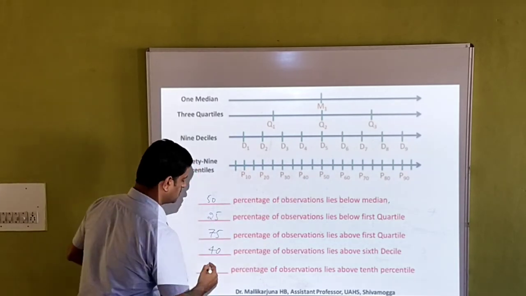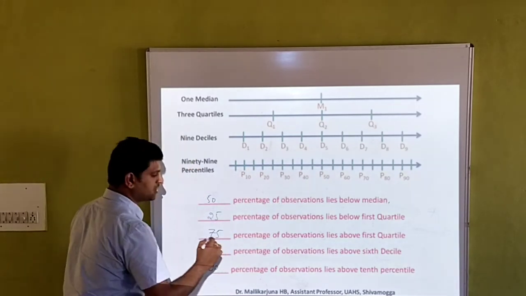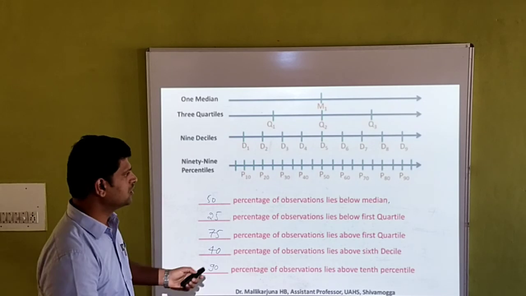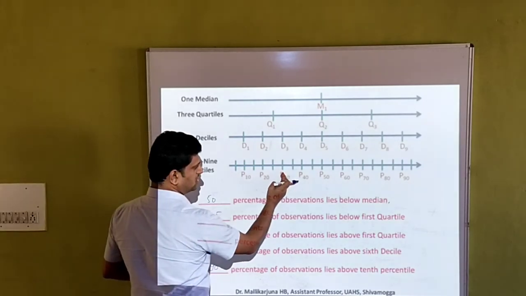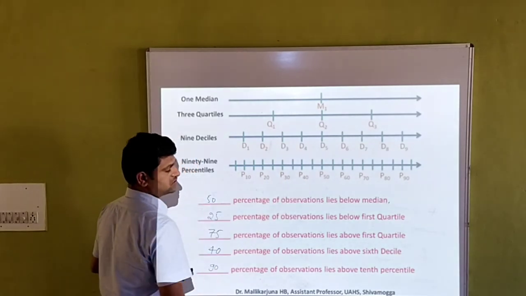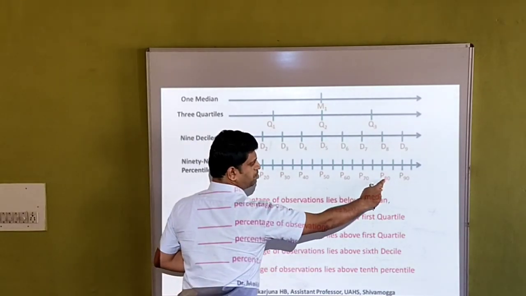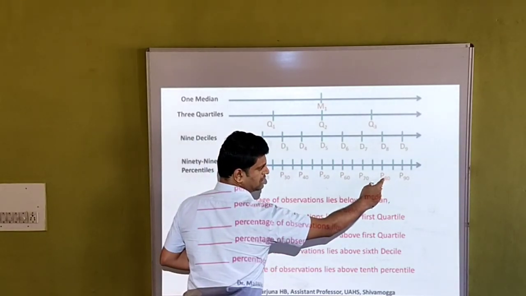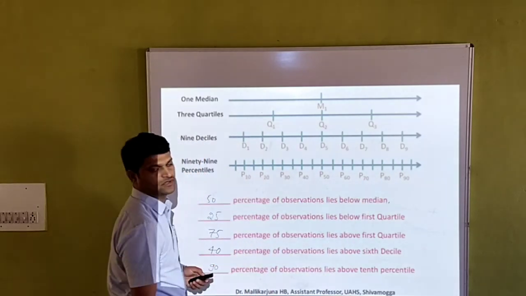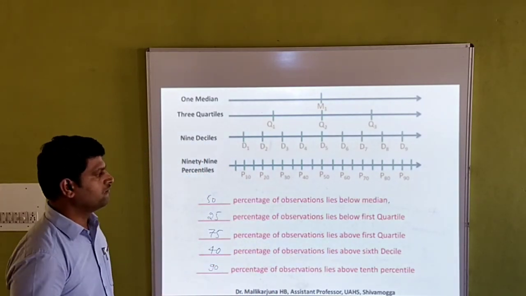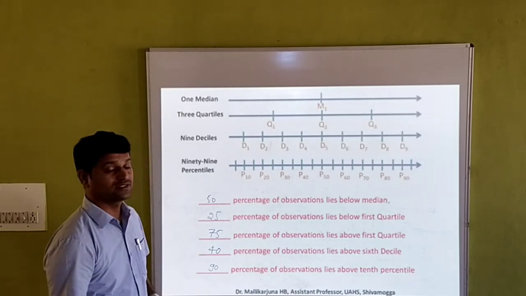Above P10 means 90% of observations. Of course, above P30, 70% of observations. Above the 80th percentile, P80, 20% of observations. So in this way, we will get the values from this diagram.